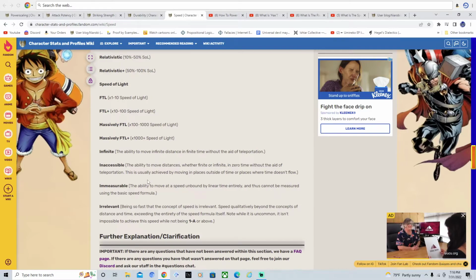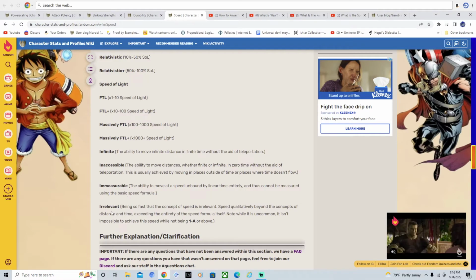We're comparing it to power scaling, and power scaling is telling us that by the rules of DC, because Superman would have 20 or 20 plus MFTL plus speed feats, but then say 30 or more measurable speed feats, at his highest level possible of speed, he would be immeasurable speed.